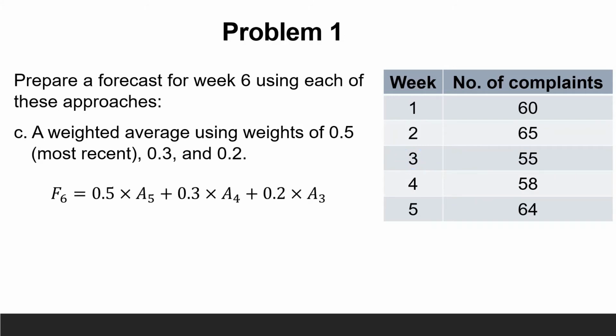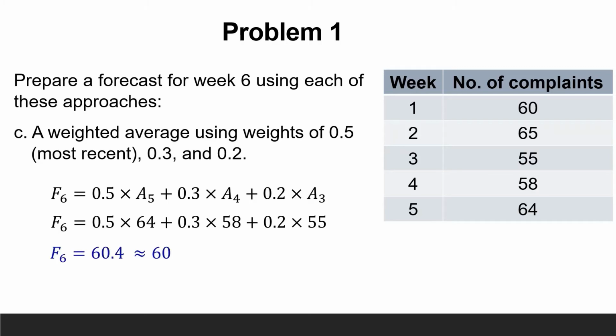So, F6 equals 0.5 multiplied by A5 plus 0.3 multiplied by A4 plus 0.2 multiplied by A3. Substituting the values of A5, A4, and A3, F6 equals 0.5 multiplied by 64 plus 0.3 multiplied by 58 plus 0.2 multiplied by 55 equals 60.4, which is approximately 60.